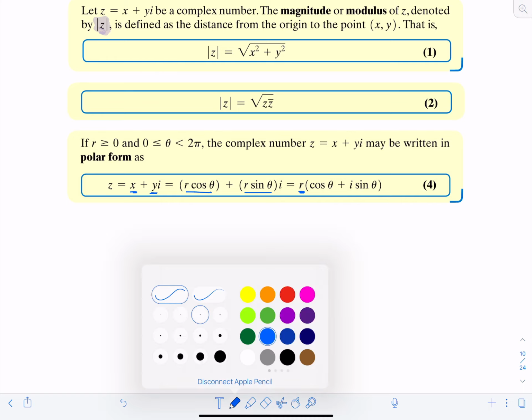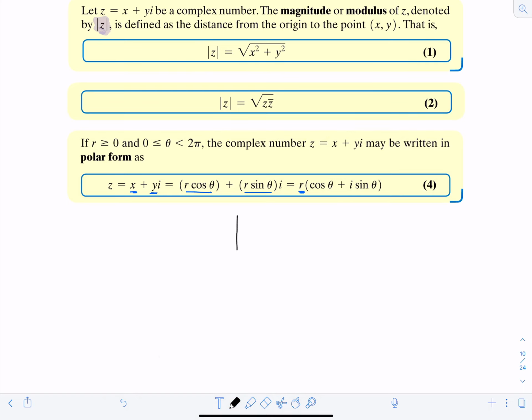So to help you understand why this is the case, let's draw another picture down here. But it's basically making a connection between polar coordinates and this complex plane. So here's my point, I'll call it z, which is x plus yi. So this height here is y. And this right here is the modulus of z, but that's r, right, when we're working in polar.